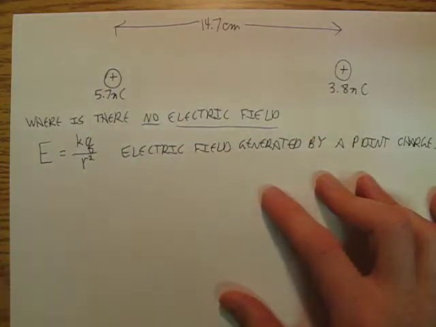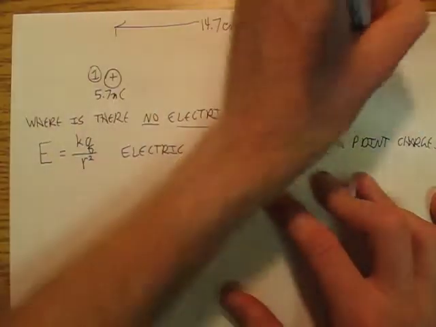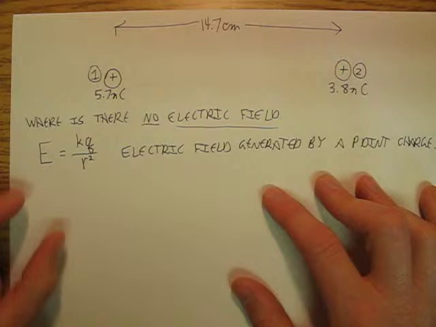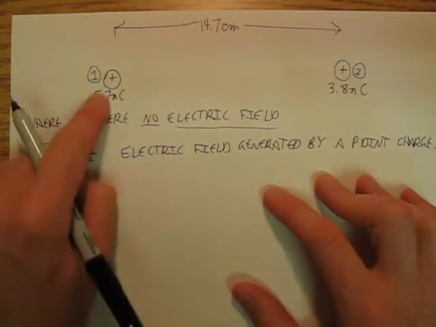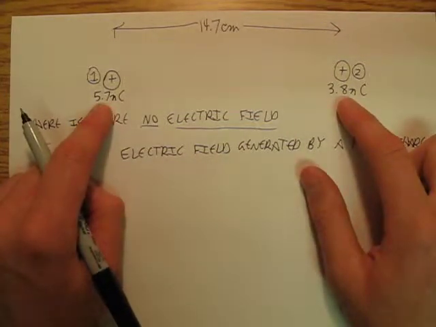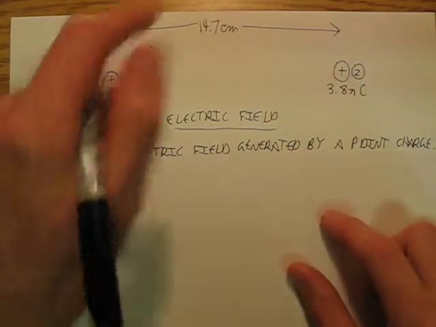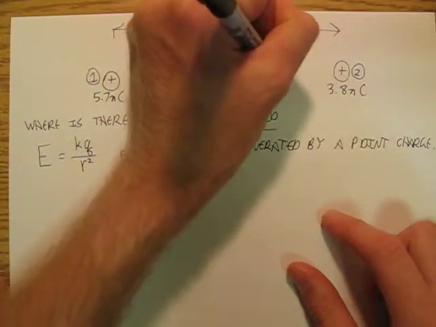Okay, so we're going to have, call this 1, call this 2, and so we're going to have two electric fields, and we want to know exactly where they cancel out. Now, if we just take a guess, it's probably going to be closer to this one than that one, so we're going to mark that as our point right there.